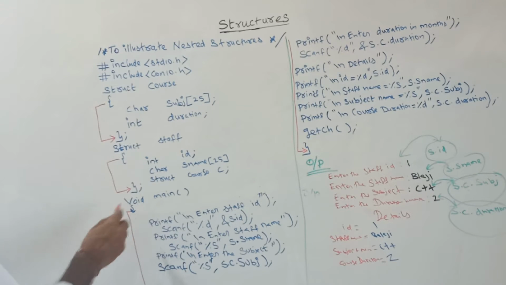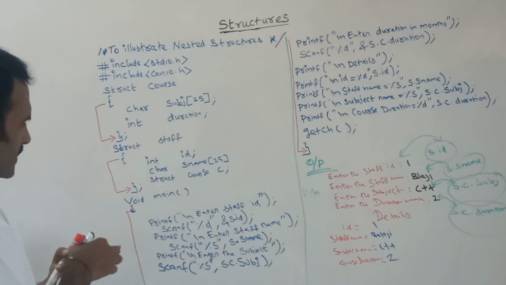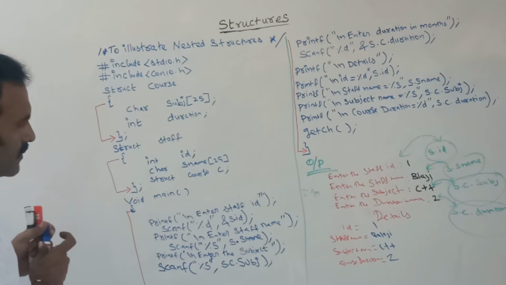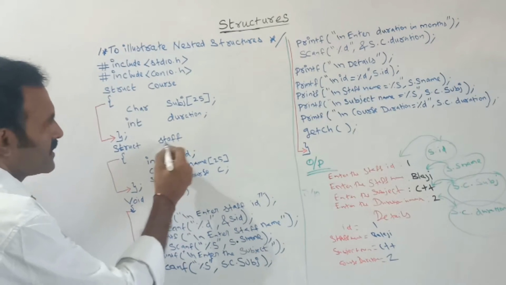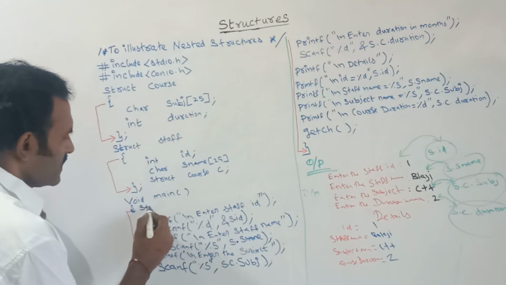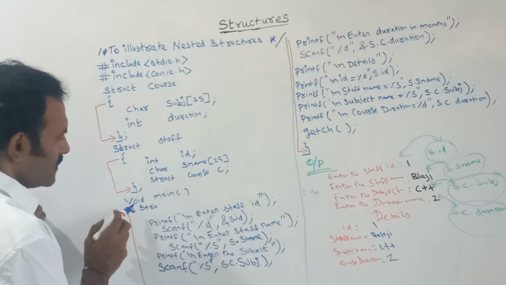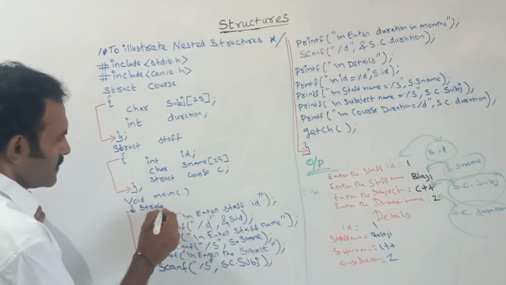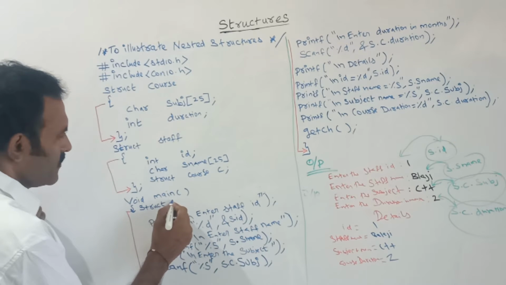Here, open brace. After that I should create the structure variable. What is the syntax? After the brace, struct, this is the keyword.